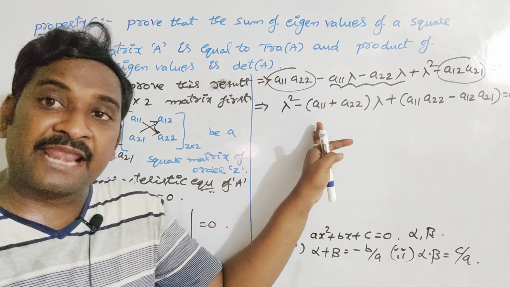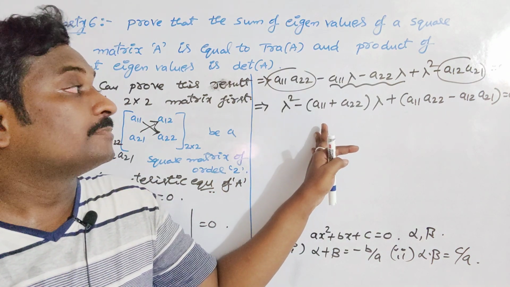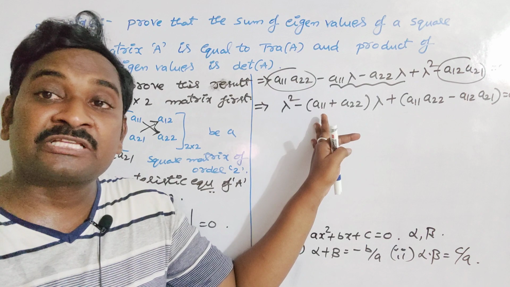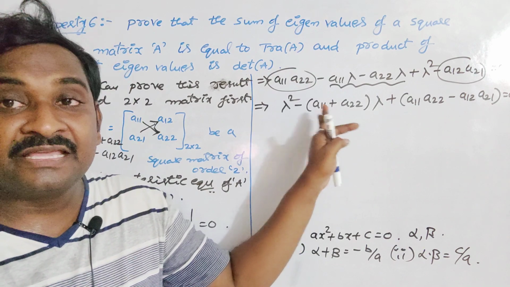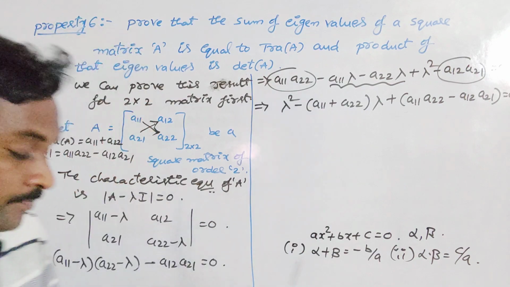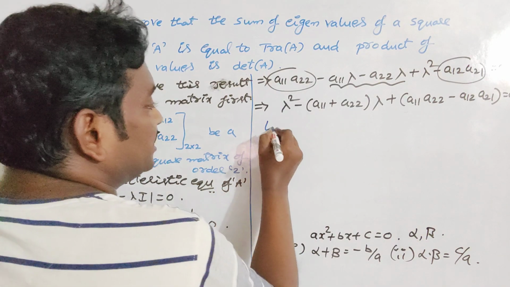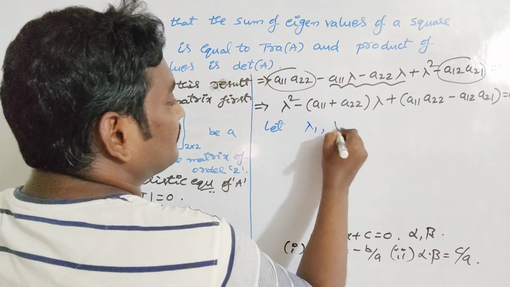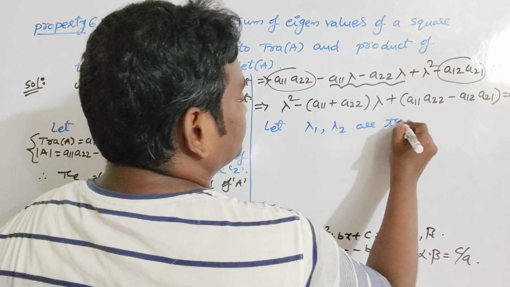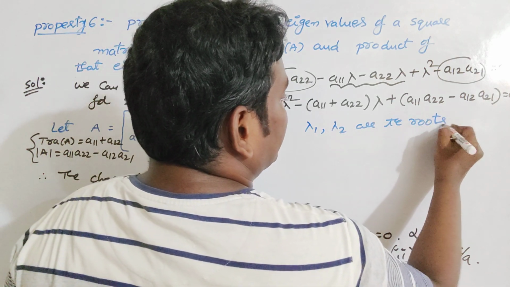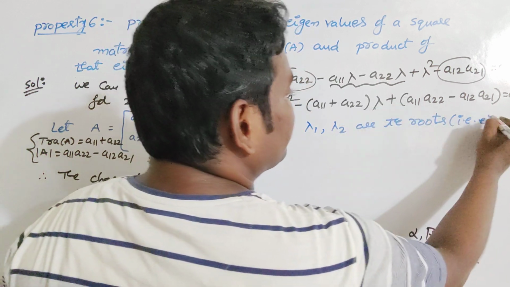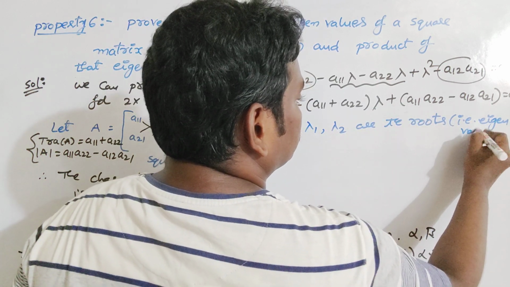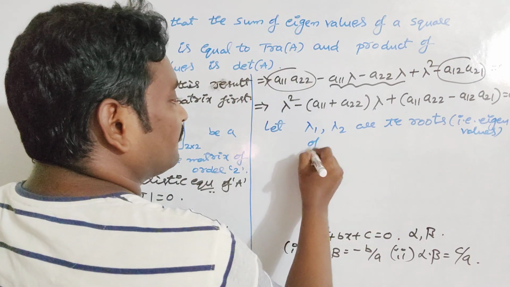The roots of this characteristic equation are called eigenvalues, but we can't find these two roots practically. That is why I will name the roots: let lambda 1 and lambda 2 be the roots, that is, the eigenvalues of the above equation.